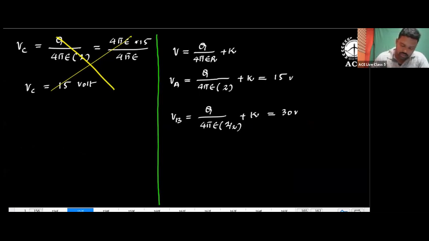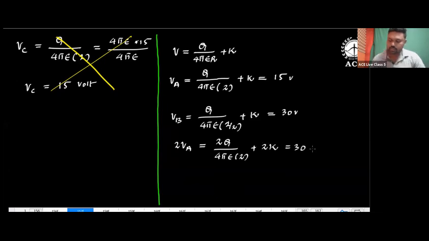Now what I'll do here: 2 into VA is equal to 2Q divided by 4 pi epsilon into 2 plus 2K is equal to 30 volts.